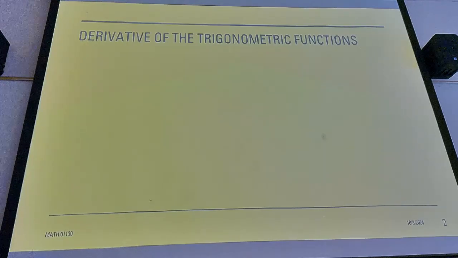What are the trig functions? How many are there? 6. What are they? Sine, cosine, tangent, secant, cosecant, and cotangent. Derivative of sine is cosine.